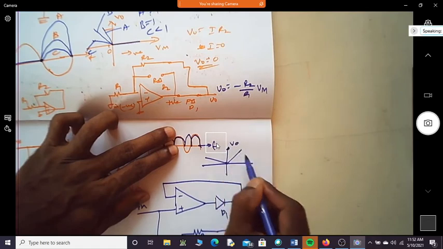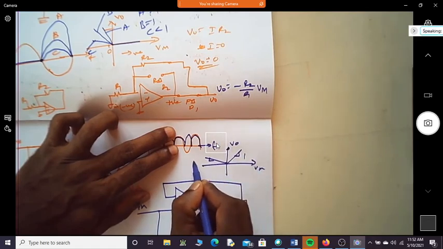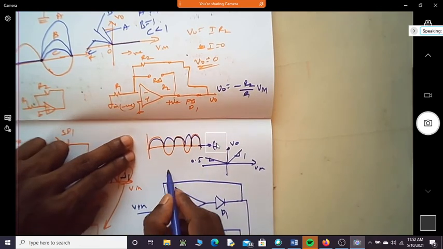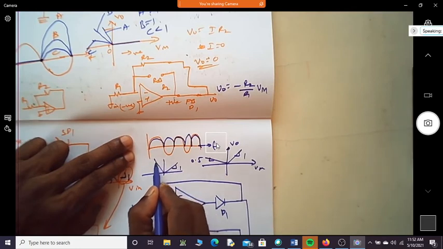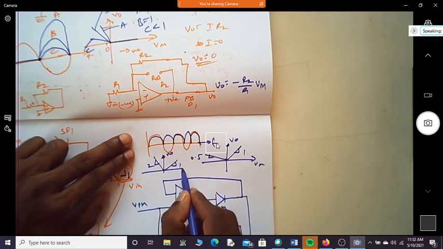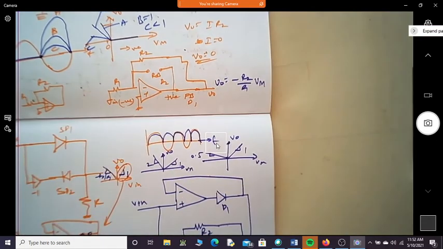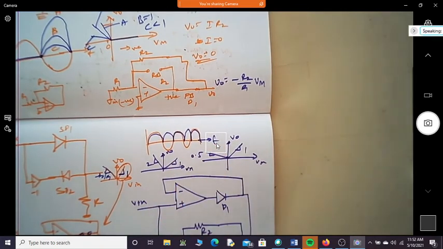This is V naught, this is a slope of 1, this is a slope of 0.5, this is a slope of 1, this can be a slope of 2. This is V naught, this is Vin. Correct? It's possible. So these slopes you can get using different resistors. Done?